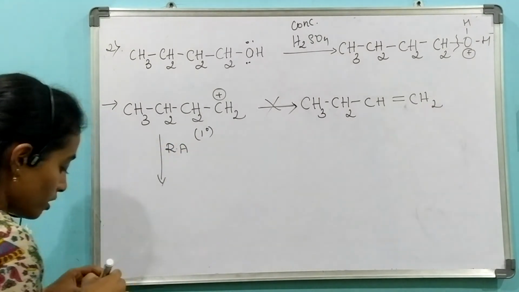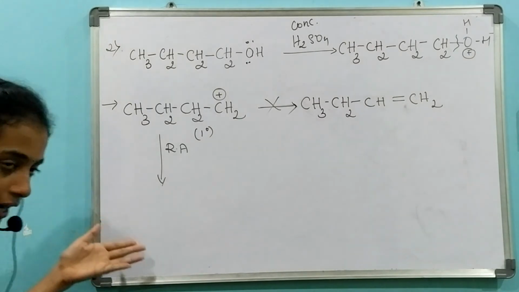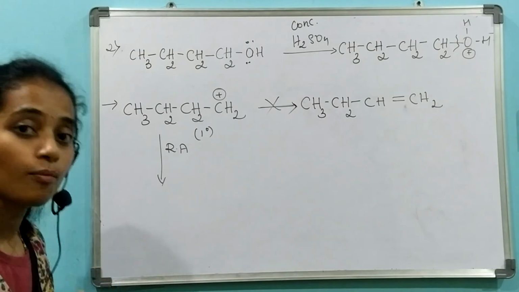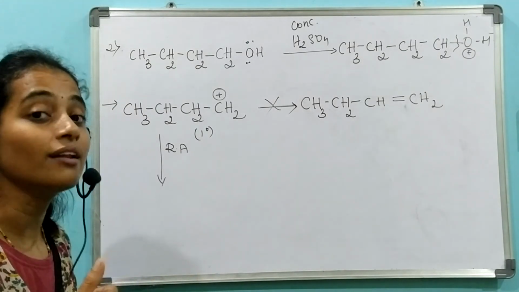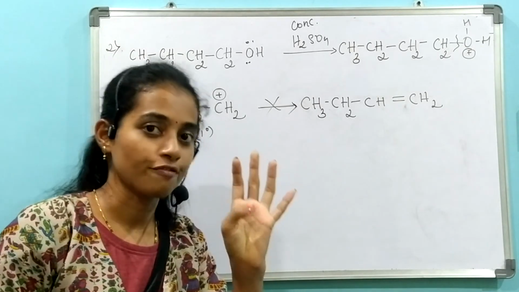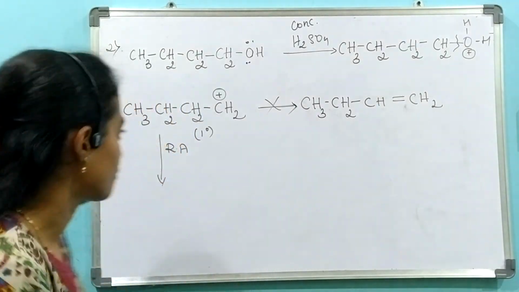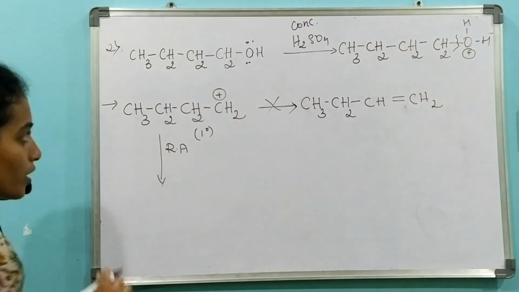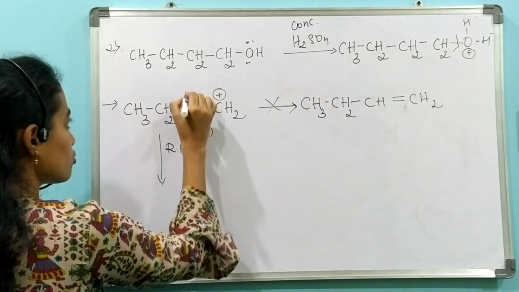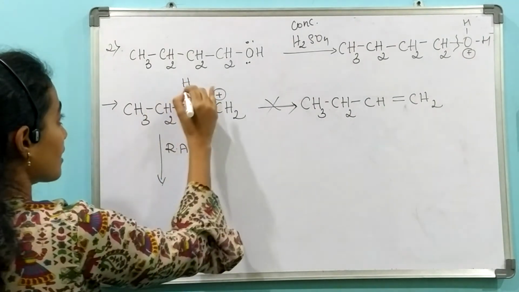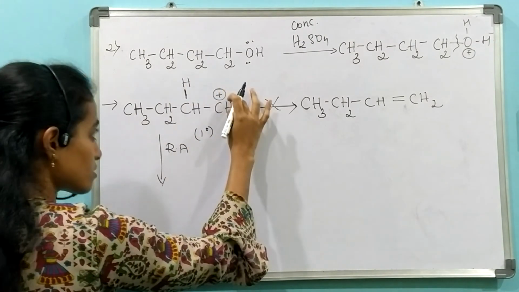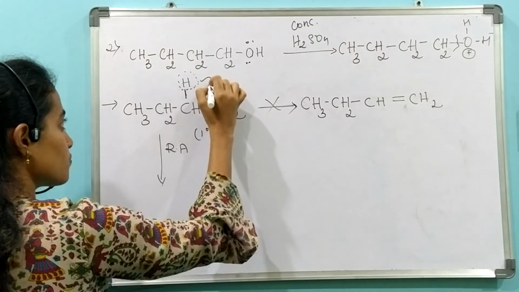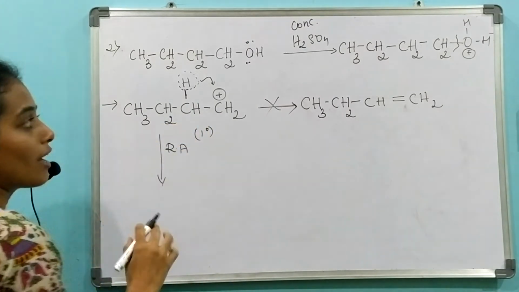I said, as there is an intermediate carbocation formation, we have the possibility of making the carbocation more stable by doing a rearrangement, by hydride shift, if not phenyl shift, if not methyl shift. Here we have a hydrogen. Adjacent hydride shift we can do. That is, I have a CH2 here. I can shift this H minus, hydride shift, to this particular carbon and make this carbon a carbocation.